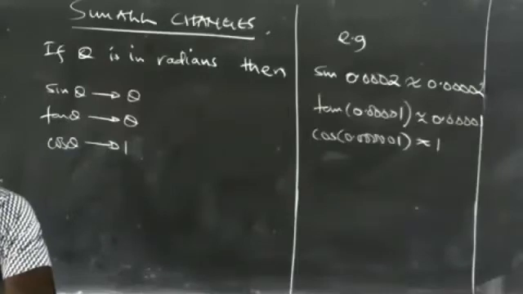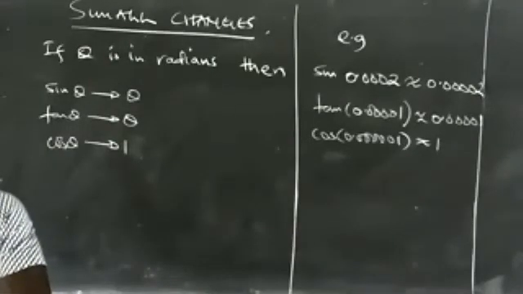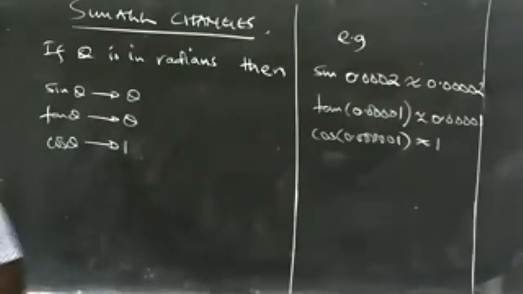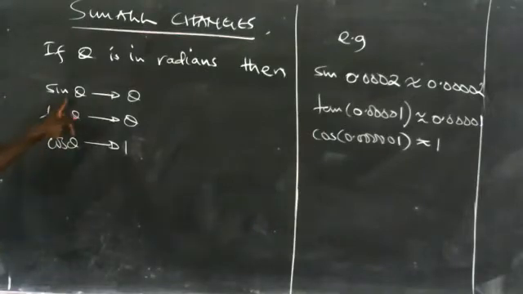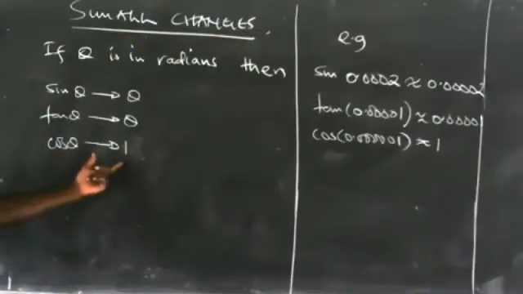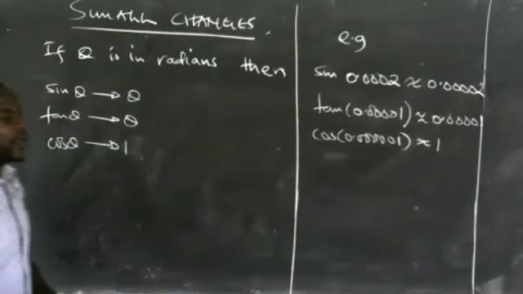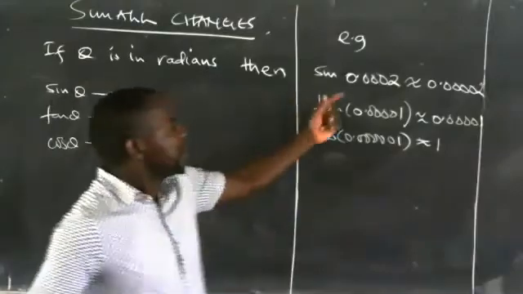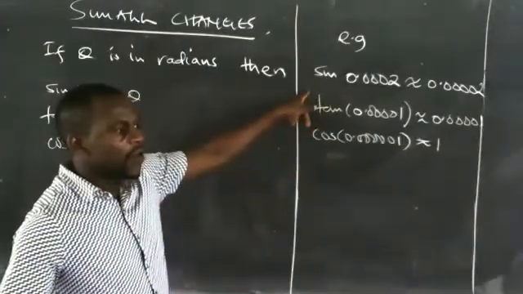Now, if the angle is measured in radians, meaning it's a very small angle, sine of this angle, you get the same angle. Even the tangent of the angle, you get the same angle, but for a cosine, it will give you 1. When you come back here, you should put your calc in radian.